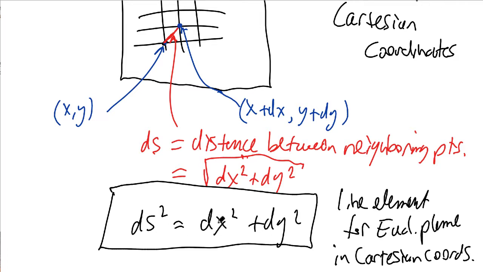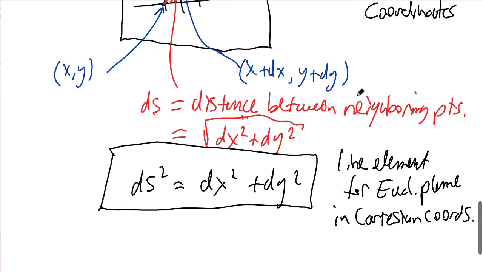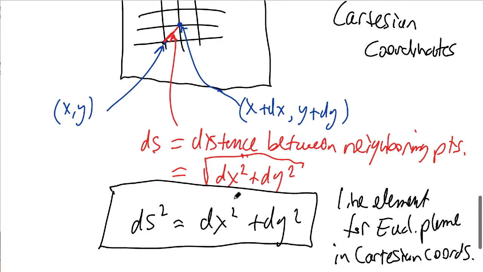Now this line element encodes the internal geometry of the space. So from this expression we could derive Euclid's axioms that parallel lines never meet, the sum of the angles of a triangle equals 180 degrees, and so forth. Now, we chose Cartesian coordinates, but we could have just as well chosen some other set of coordinates.